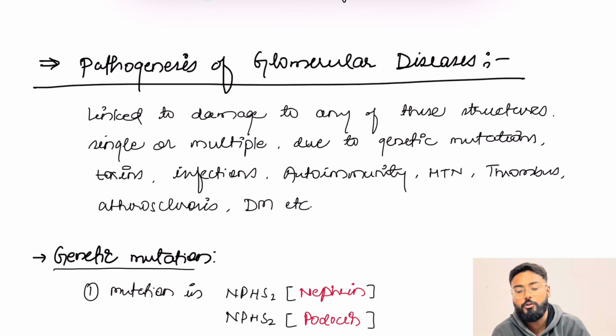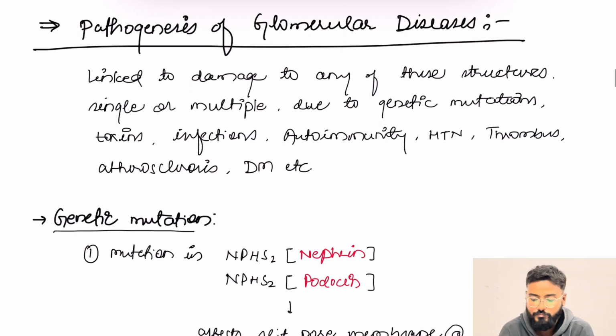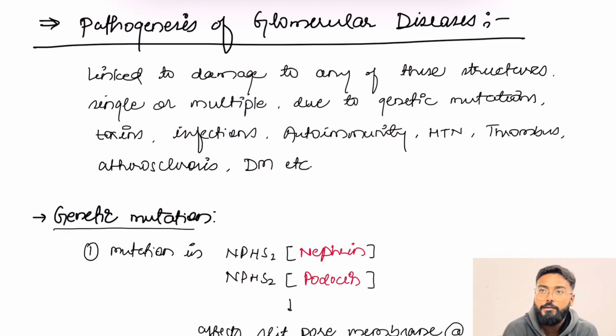Now, pathogenesis of glomerular diseases. See, you have a normal glomerulus. There are multiple ways by which these structures, maybe single or multiple, can get affected, which will in turn lead to certain pathology, certain diseases, certain syndromes.